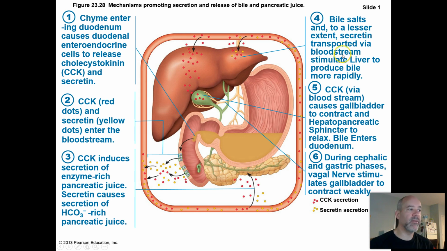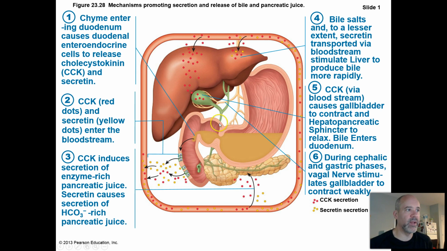Now over here in the liver, we said that the secretin hormone tells the cells in the liver to crank out more bile, speed up bile production. That bile travels down through your hepatic ducts up this way into the gallbladder, and CCK acts on the smooth muscle tissues in the wall of the gallbladder and stimulates the gallbladder to contract.